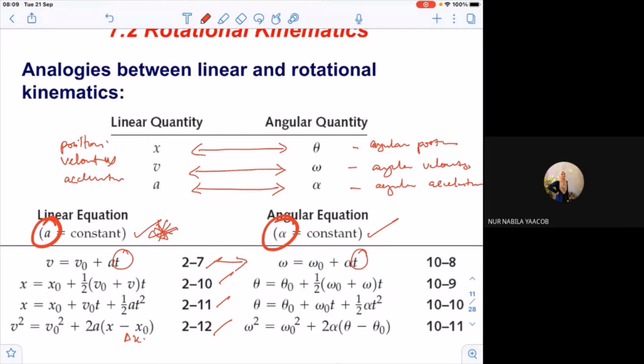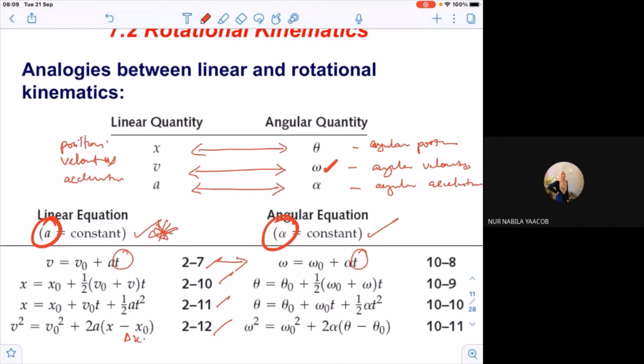Bear in mind, when you look at the similarities between the linear and angular, they are comparable to each other. For example, in linear quantity we have x as the position, in angular quantity we have theta as angular position. For velocity, in linear quantity we have v, but in angular quantity we have omega.